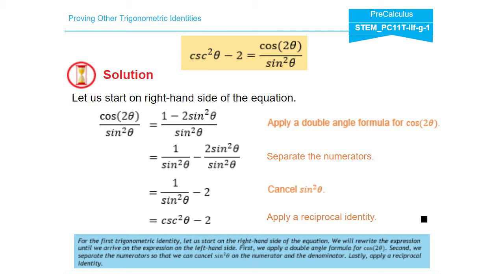It will become two terms, 1 over sine square theta minus 2 sine square theta over sine square theta. So we can cancel sine square theta in the second term. It will be simply 2. Now we have 1 over sine square theta minus 2. And we can apply the reciprocal identity. We can change it into cosine square theta. So now we have cosine square theta minus 2.